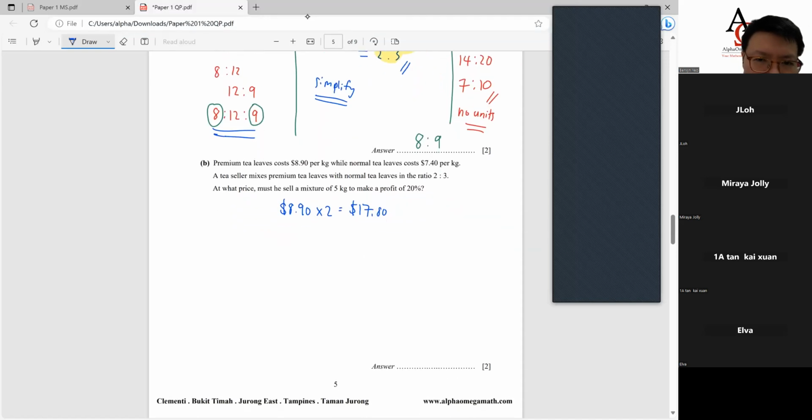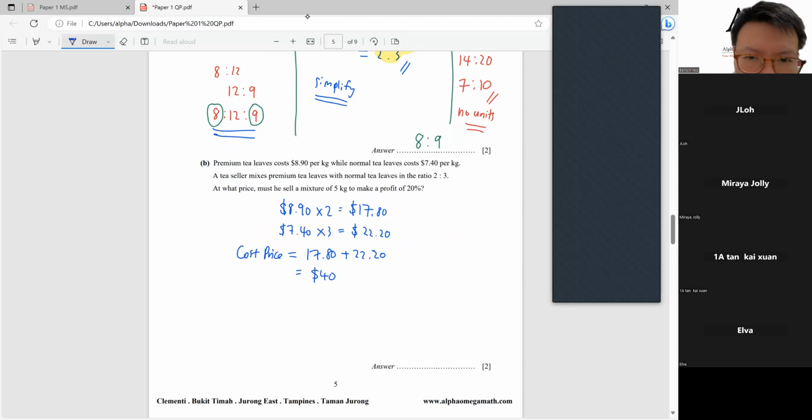And I can take 7.40 times 3 units. This is for the normal tea leaves. And I should get $22.20. All right. Add them together. My cost price will be adding two of them together. Okay, this plus this. So it costs $40.